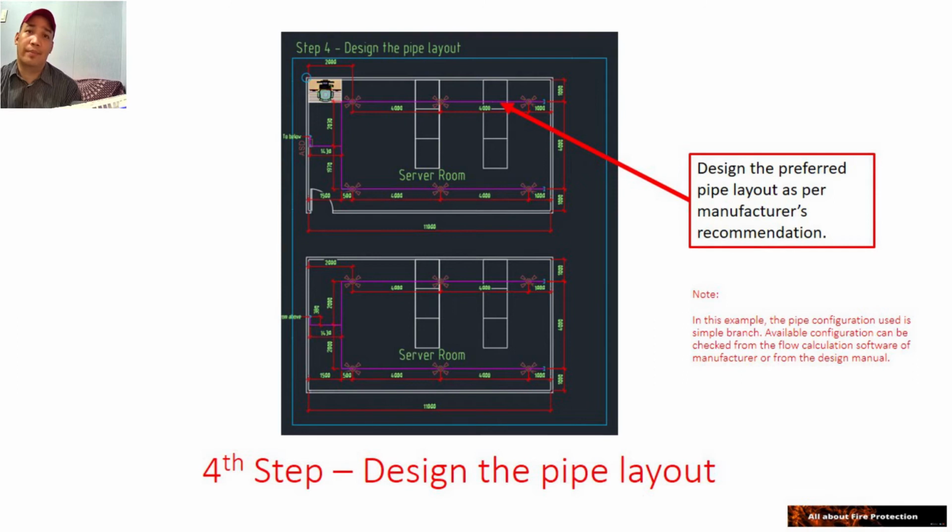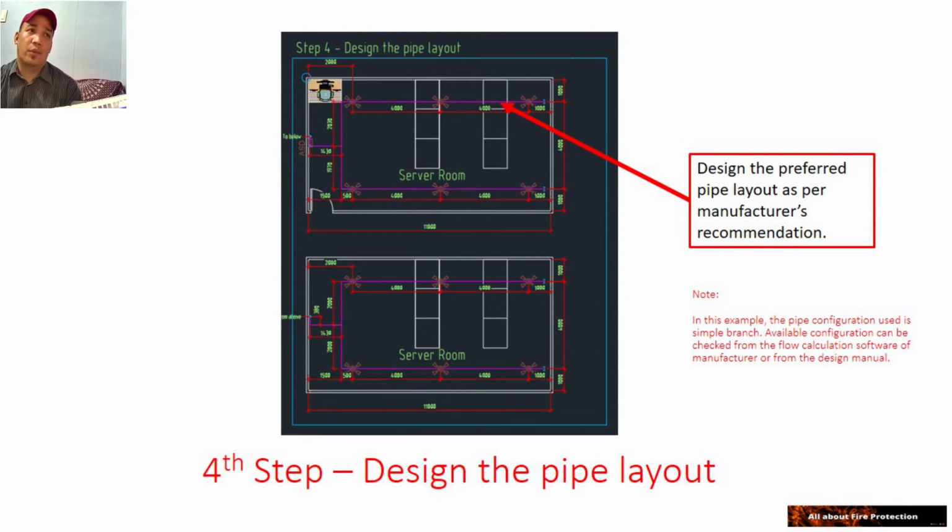They are simple pipe, simple branch, H configuration, and multiple branch. Once the type of pipe configuration is determined, you can now start with the layout in the drawing. The layout should start from the detector up to the sampling point and finally to the end cap. In my example, I use the simple branch as the pipe configuration.